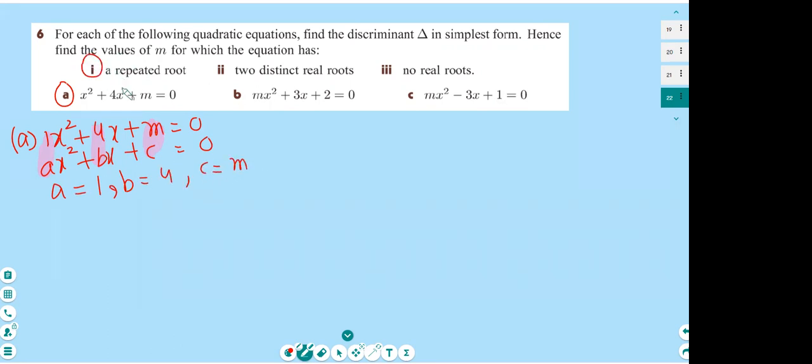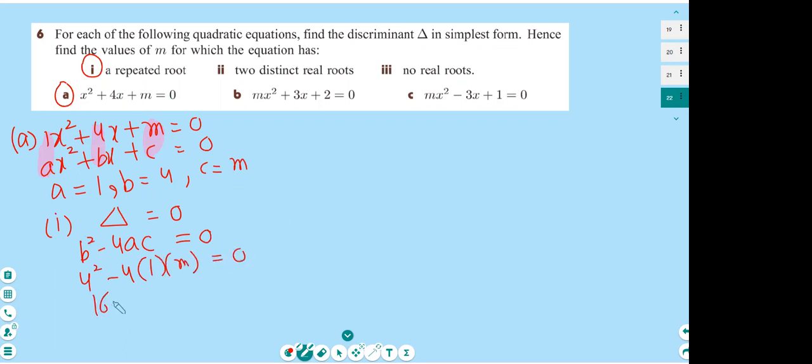So in part 1, the first case, when we have the repeated root, the discriminant should be equal to 0, right? The discriminant is b squared minus 4ac, and it should be equal to 0. So b is 4 squared minus 4 times 1 into m. So 16 minus 4m equals 0.